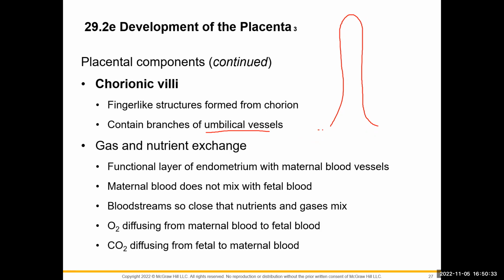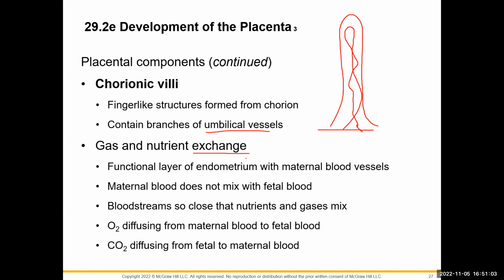And so they're going to have the umbilical blood vessels, and I know I'm drawing this, and there's actually a slide here that has some better drawings, and you'll see all these blood vessels in these structures. They come off of the umbilical vessels that are going to be supplying blood to the embryo. It's important because this is where we're going to see exchange of gases and nutrients between the mother and the embryo.